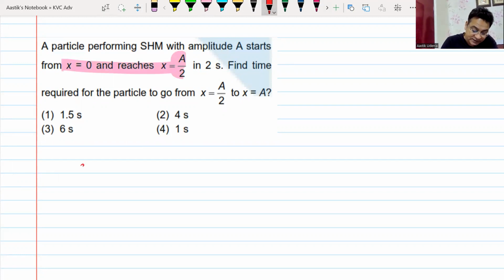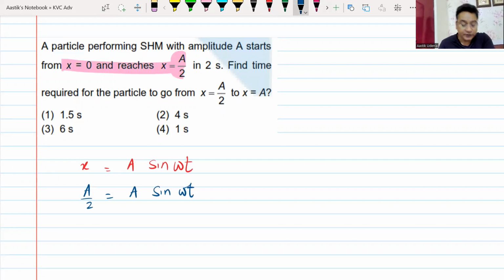The simplest equation that you can use is x is equal to a sine omega t. The value of x is given as a by 2, which is equal to a sine omega t. From here, you will get the value of omega t as pi by 6. Time is given as 2 seconds.